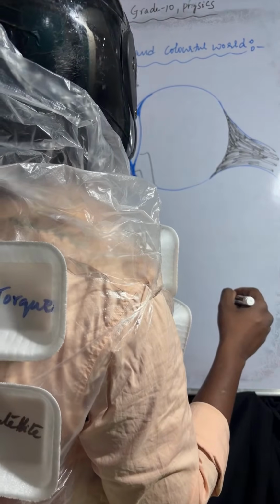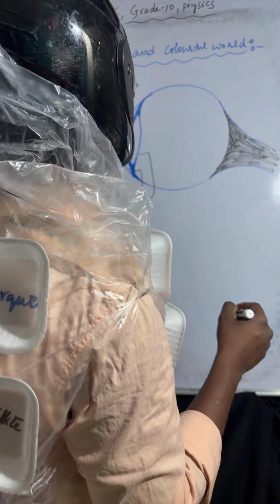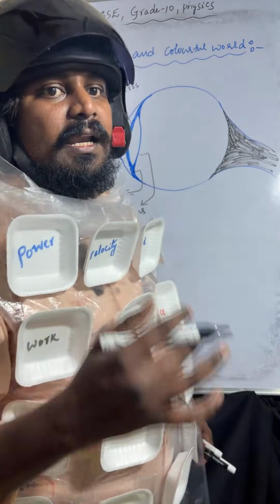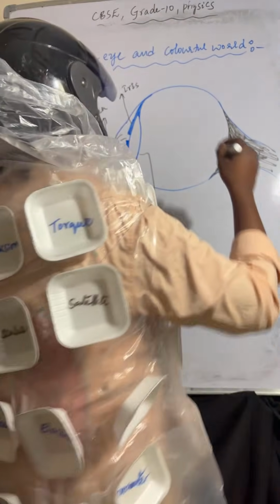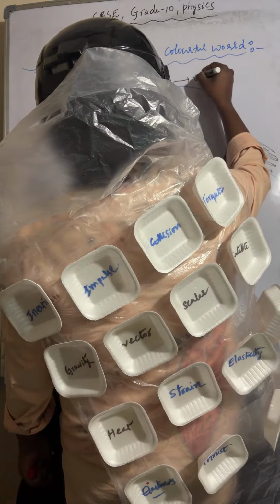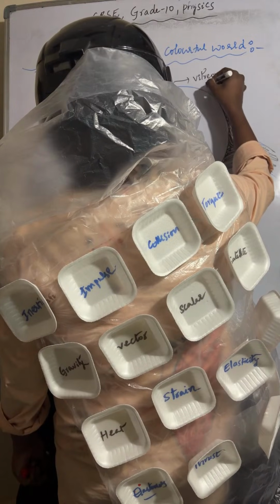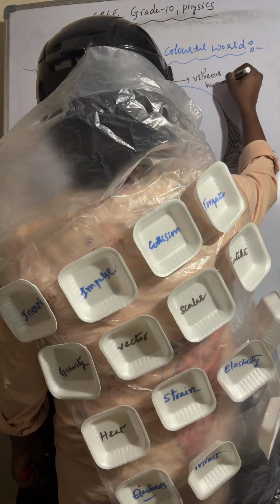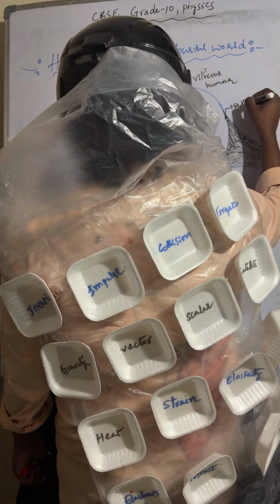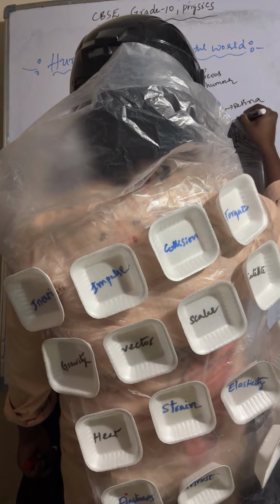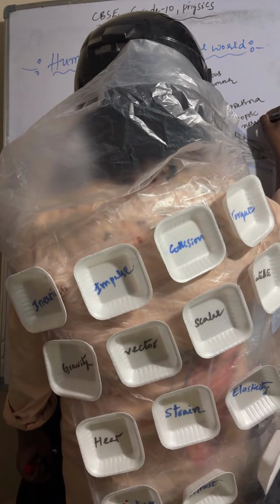So cornea, aqueous humor, pupil, iris, ciliary muscles, and eyelids. After that, the vitreous humor, and the retina, and the optic nerve.